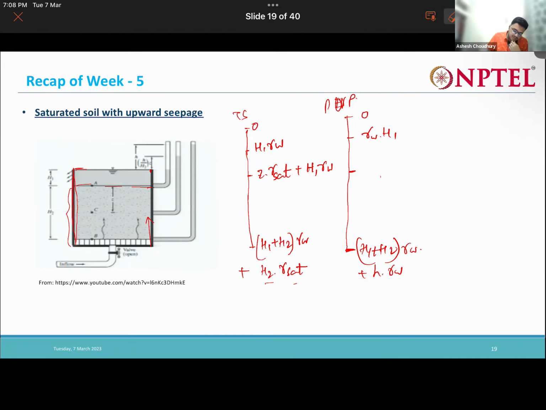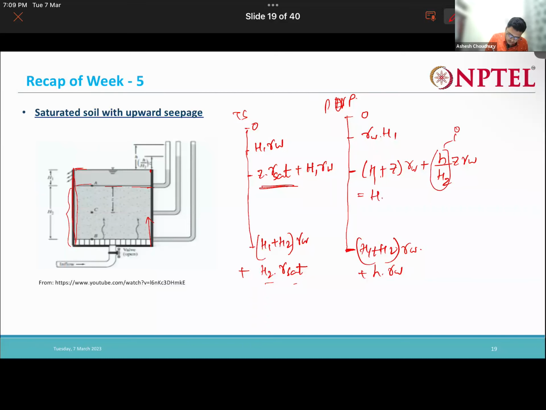Z into gamma saturated plus H1 into gamma W, this term. And here it will be H1 plus Z into gamma W plus h by H2 into Z into gamma W. I guess this will be i.